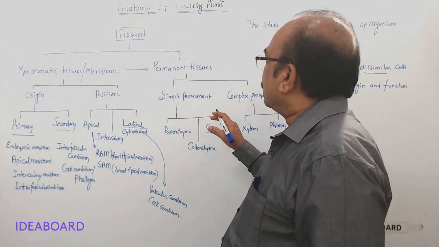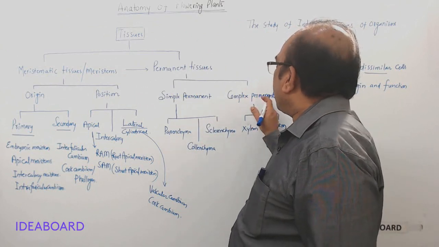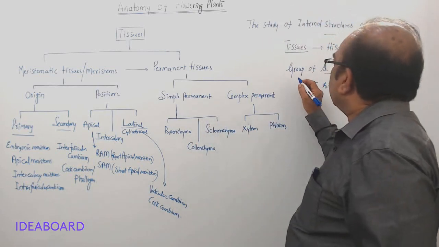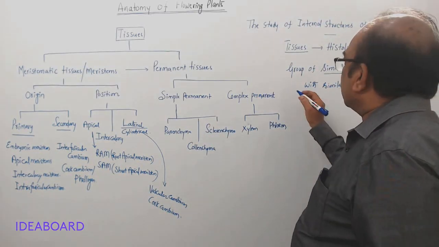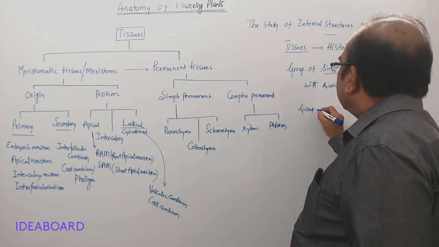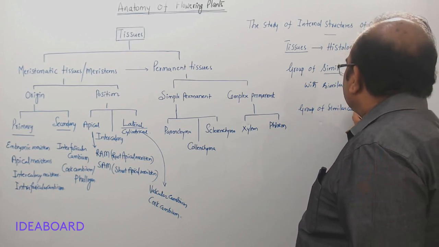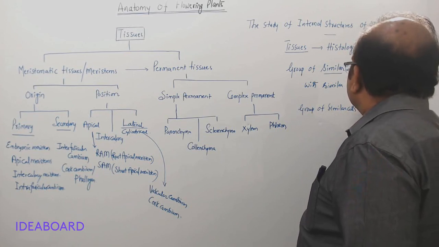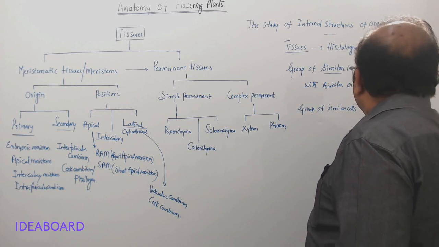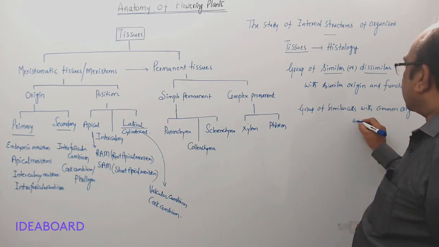The permanent tissues are classified into two types: simple permanent and complex permanent tissues. Simple permanent tissues, here I wrote what group of similar or dissimilar. So just remember, group of similar cells with common origin and function.